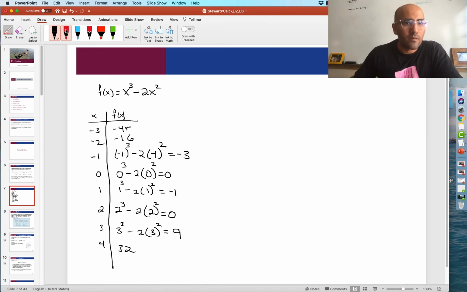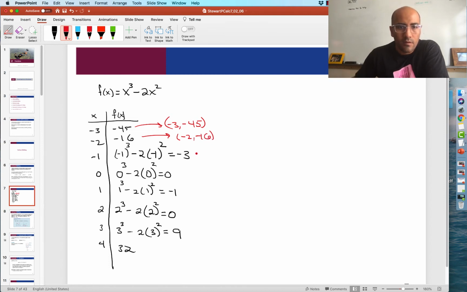Okay, so all I care about is the outputs, right? So here are the ordered pairs that are produced. Here we get an ordered pair of -3, -45. Here we get an output of -2, -16. From here we get the ordered pair -1, -3.